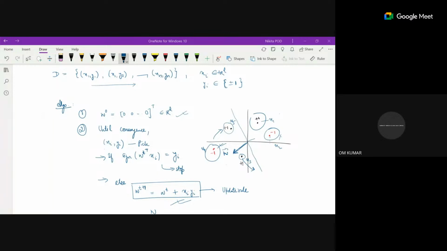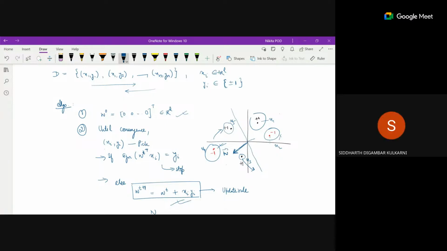There will be a change in the final W's for both cases if we pick xi, yi in some other way. Oh, you are saying if I pick my xi, yi in some other order, the final W will change? No. At the end, whatever W you get will classify the data correctly, so there won't be a change.